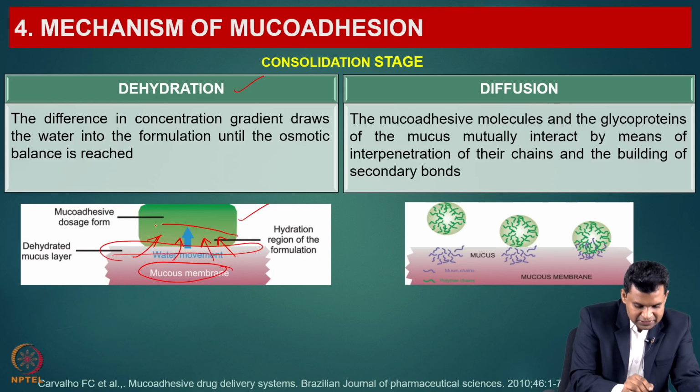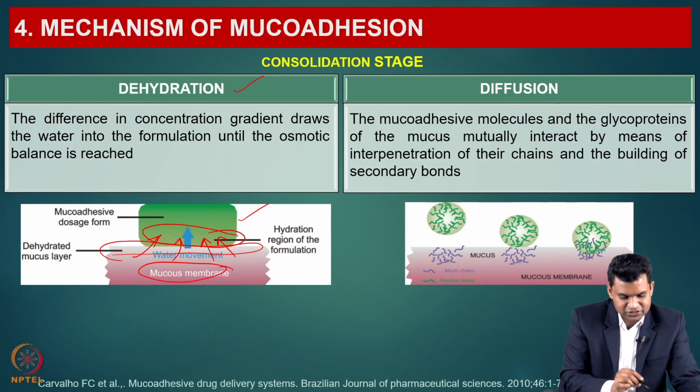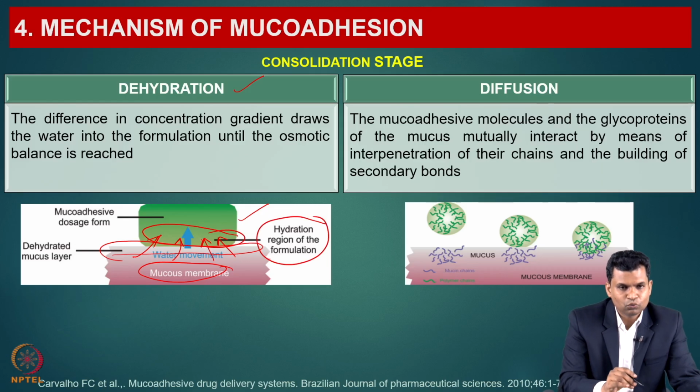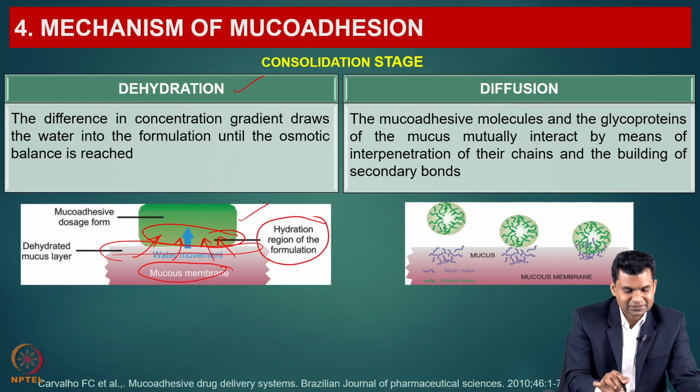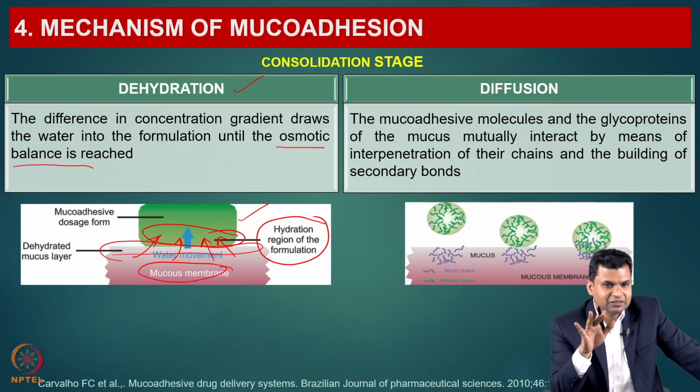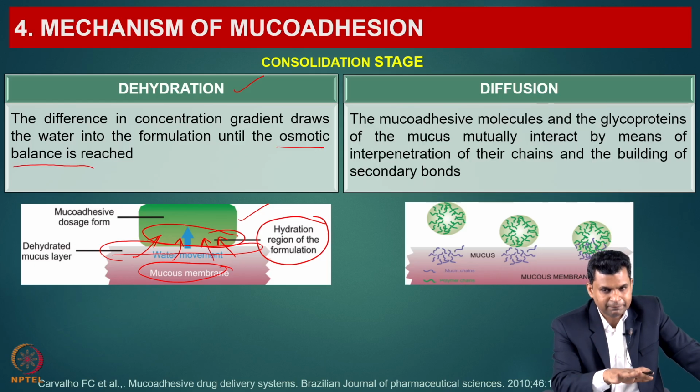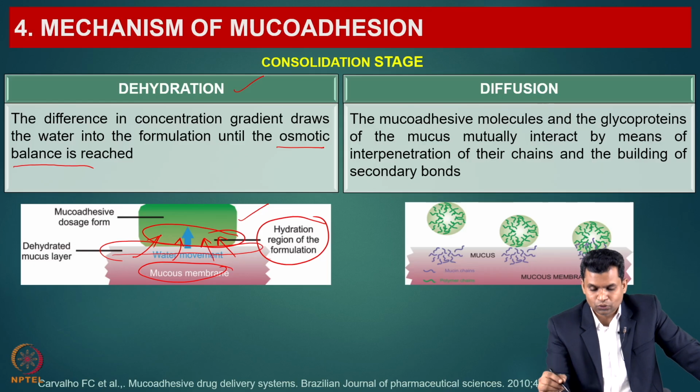And now you can see another thing, that is hydration, which is shown in light green color. So, a hydration region is forming. Once it is balanced, it will stop the water uptake. This stage will end here, then it undergoes the second stage of consolidation, called diffusion.